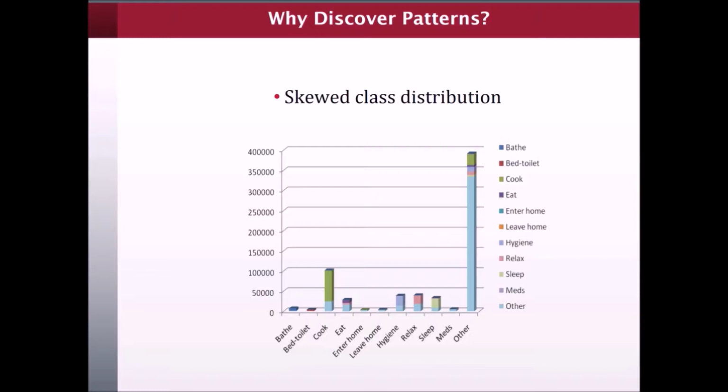Recall from our module on activity recognition that predefined classes only make up a portion of a person's day. This graph shows the amount of time spent on various activities based on ambient sensors that are put into a set of homes.